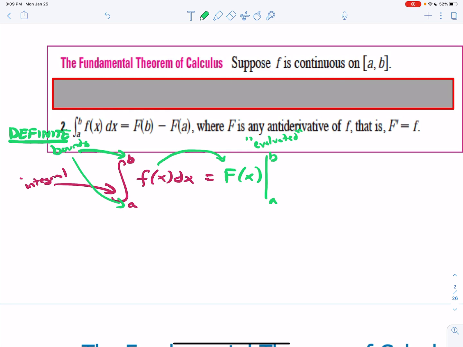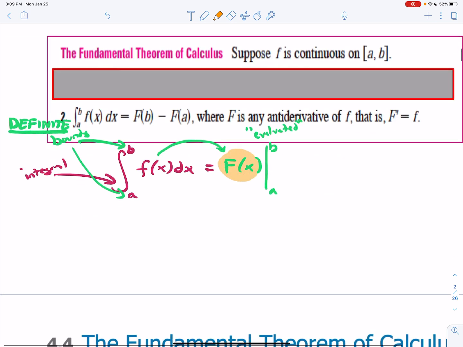So when you have a definite integral, you're going to take the antiderivative, which is this right here, and then what you do naturally is you're going to evaluate it at the upper bound minus the lower bound. So you're going to plug in your upper, minus you're going to plug in your lower. And that is your fundamental theorem of calculus part 2 in this case. Okay?